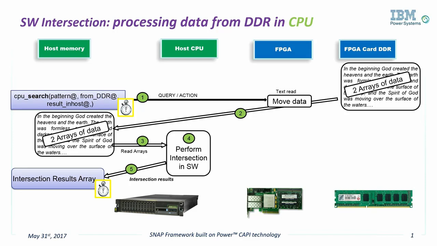Our software benchmark starts with a host requesting the retrieval of two target data arrays from I/O. The I/O card accesses the arrays, and the full data set is placed in host memory. The software then reads the arrays and performs the intersections before storing the intersection results into host memory.